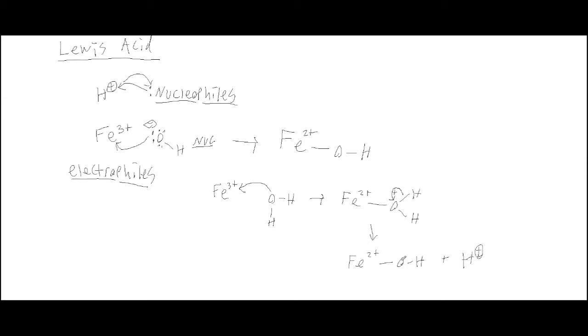So we can still conceive these Lewis acids in a nice, easy Bronsted-Lowry conception of acids and bases. So we can still think about it as just a hydrogen ion.